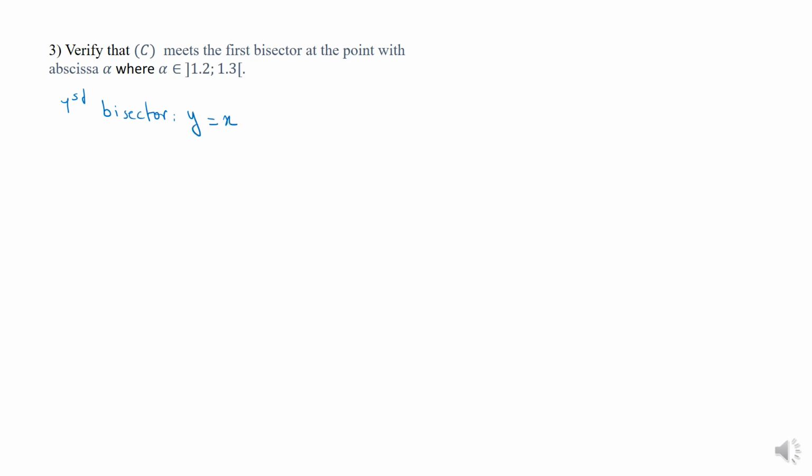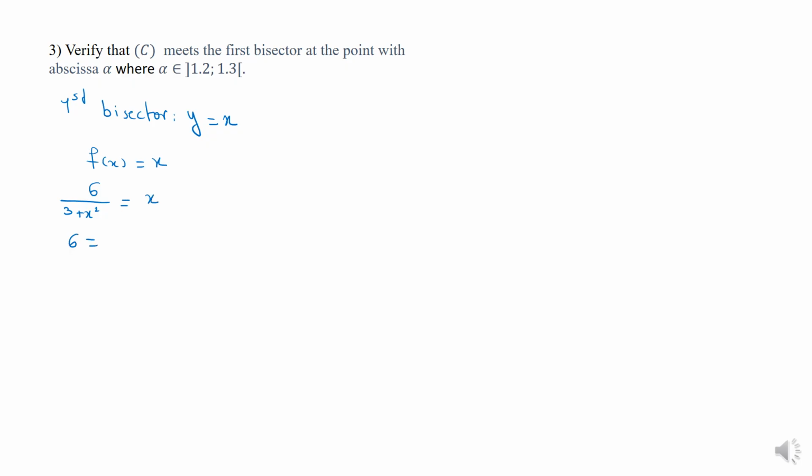In order to find the point of intersection between the curve C and the first bisector, you need to solve the equation f of x equals to x. So 6 over 3 plus x power 2 equals to x.